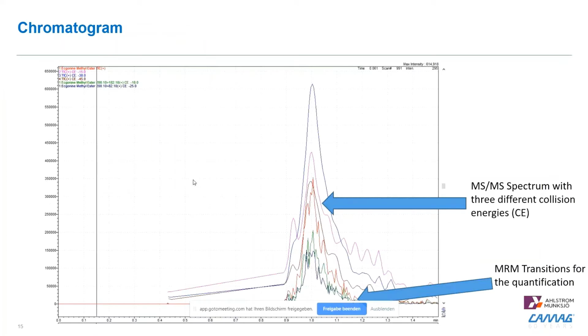The chromatogram, which is recorded by using this spectrum mode, is depicted here for ecgonine methyl ester. You have MRM transitions for the quantification, which are screened, and afterwards, once you have a signal, the MS-MS spectrum with 3 different collision energies is recorded.